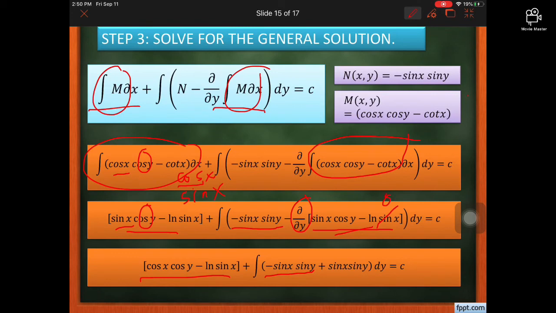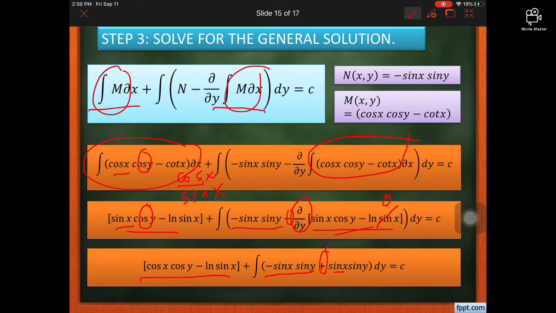And then you copy the sine x because that is constant, and deriving cosine y gives you negative sine y. But since you have a negative sign here, the sign changes, so you have positive sine x sine y.